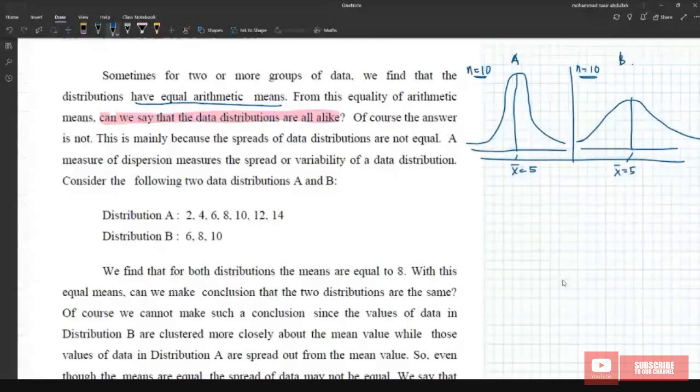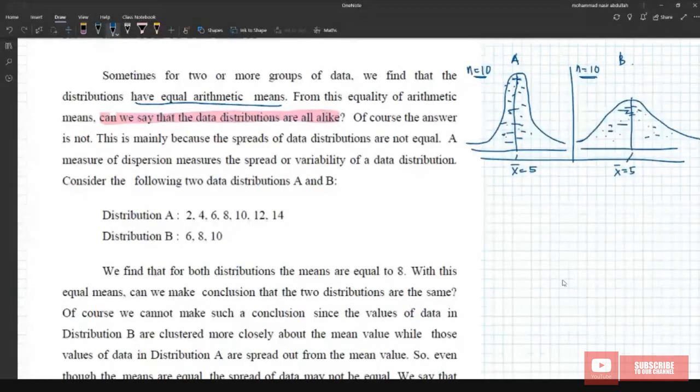This is because the distribution of age in playground A is around the mean, right, while the distribution of age of the children in playground B is also around the mean, but it's quite dispersed.